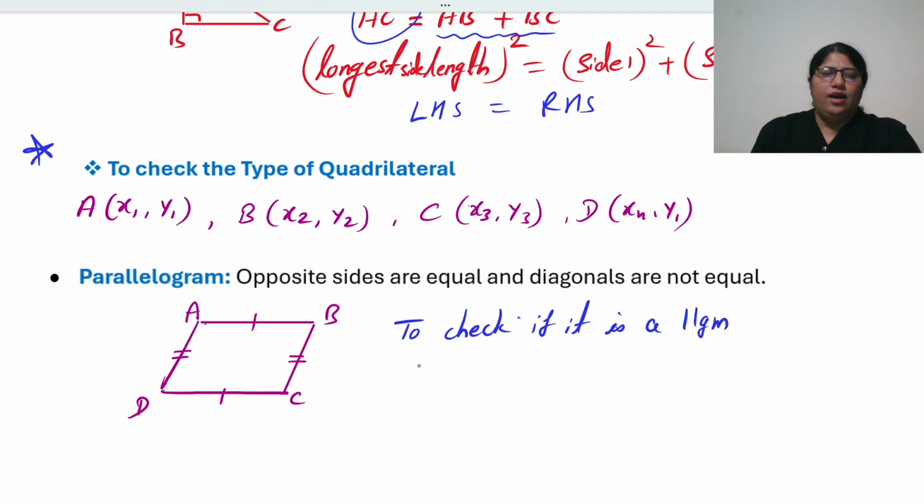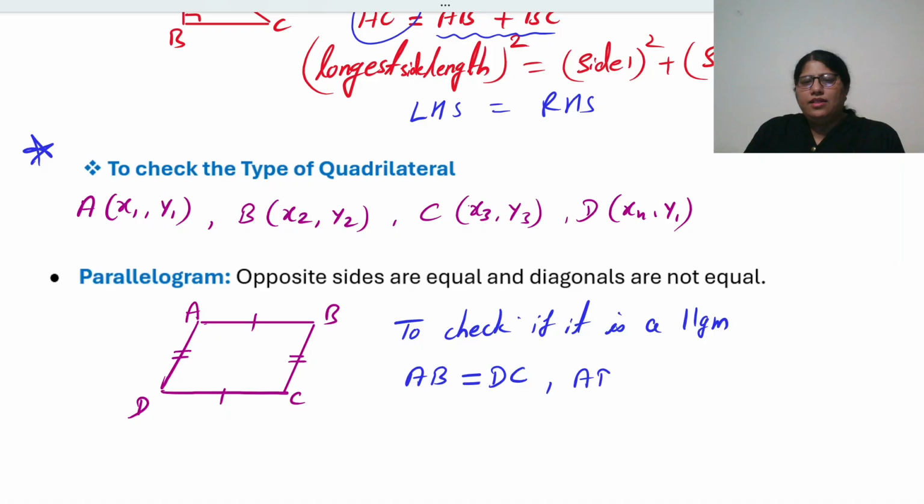Please take it in the same order, A, B, C, D, whatever four coordinates are given, or P, Q, R, S, or any other vertex names, but it should be taken in the same order. So I'll find the length of AB using the distance formula, which should equal DC, and AD, the other pair of opposite sides, should equal BC.